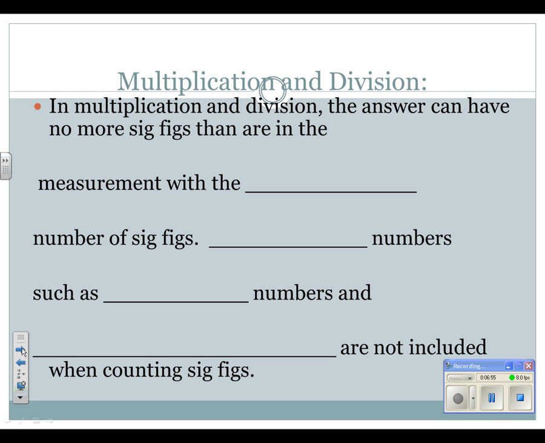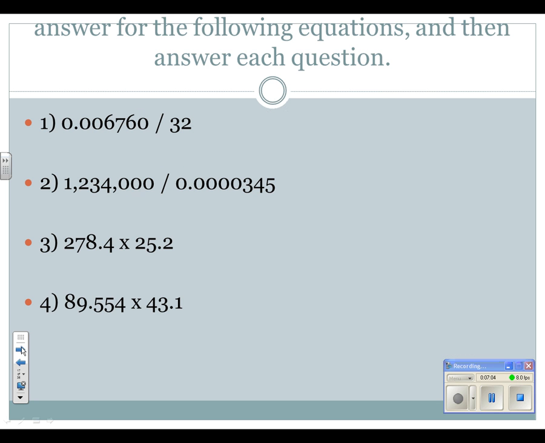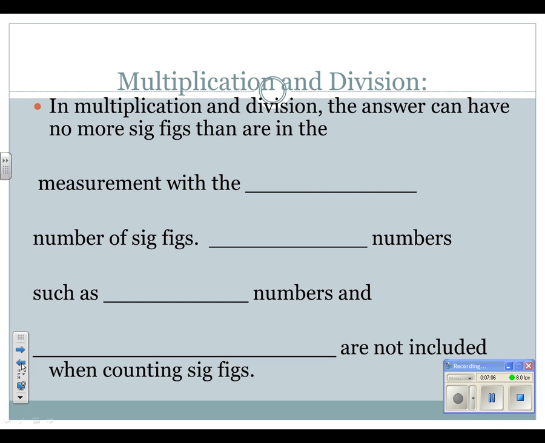Alright, so using these with actual math. For multiplication and division, the answer can have no more sig figs than are in the measurement with the smallest number of sig figs.